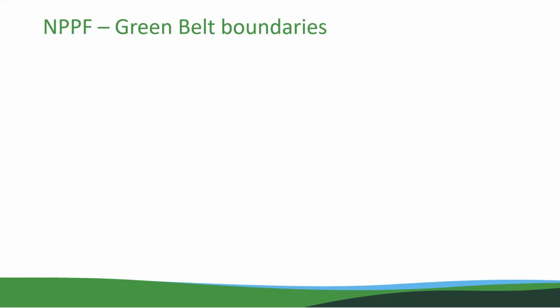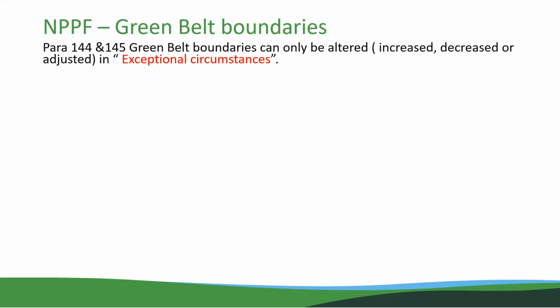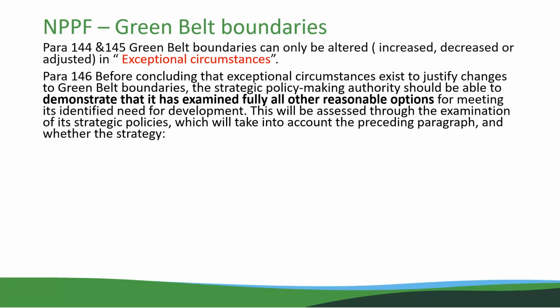Firstly, let's look at paragraphs 144 to 151, covering Green Belt boundaries and grounds for alteration. The key words within these policies, which are mentioned in 144 and 145, are that the Green Belt policy can only be altered in exceptional circumstances.